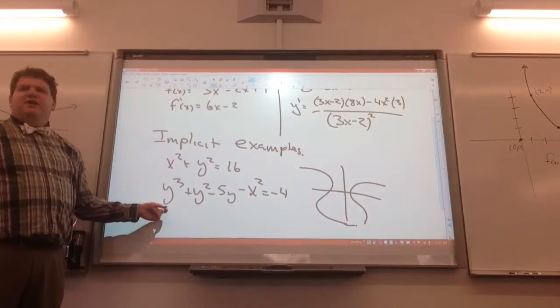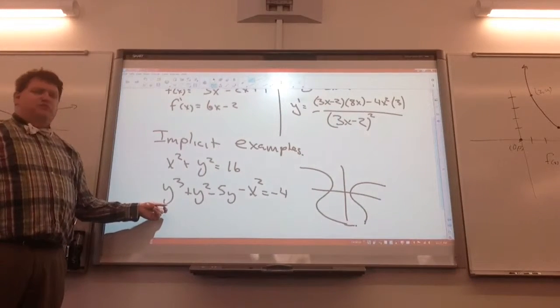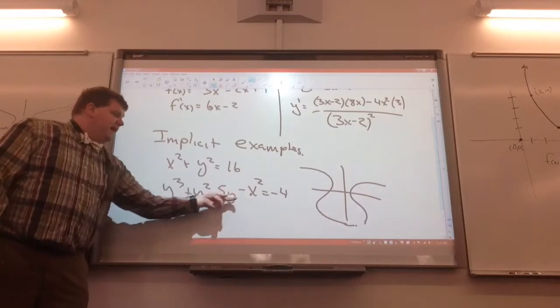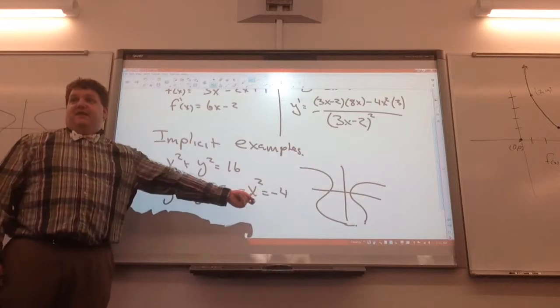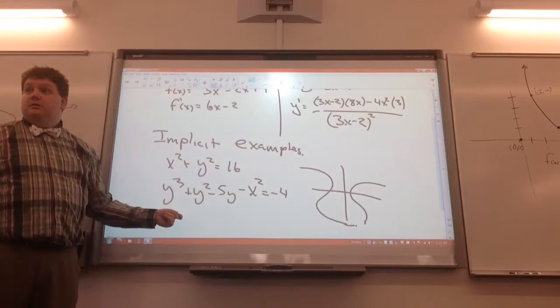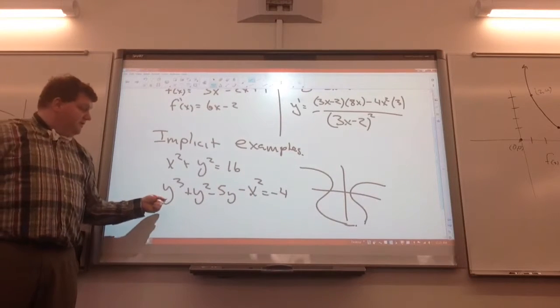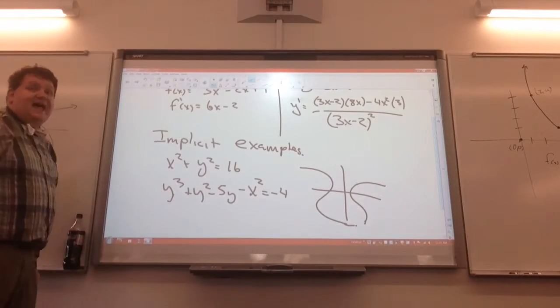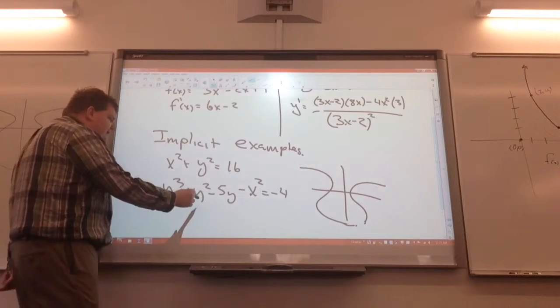This one right here, if I try to write it in terms of x, I get something that's really nasty, right? In fact, could I write this one down here where it's y equals things in x easily? No, because I've got 1, 2, 3 y's, and they're all different powers and things like that.